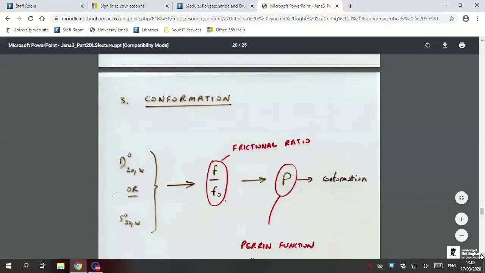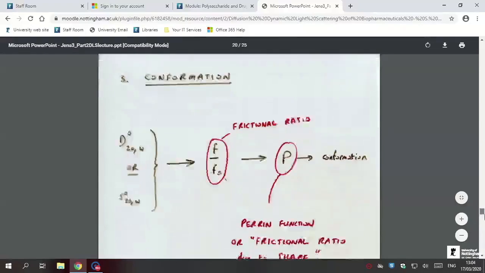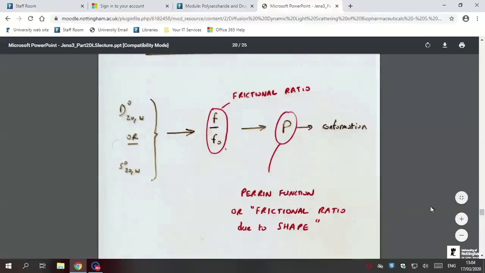Right, so conformation by dynamic light scattering. This involves the measurement of this shape parameter here, P, which is the Perrin shape function, Perrin, another prize winner like Svedberg.